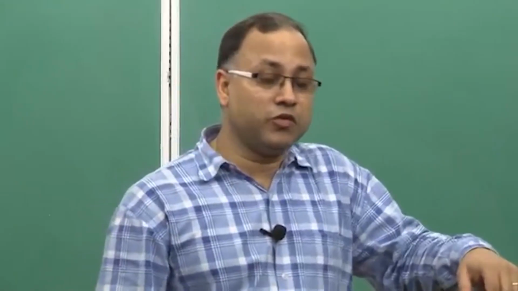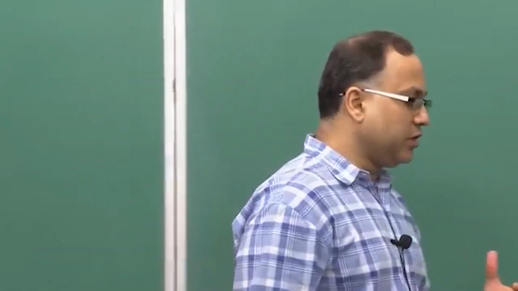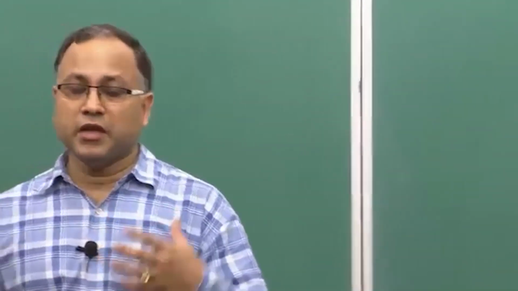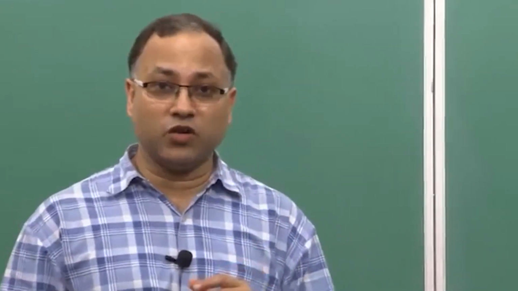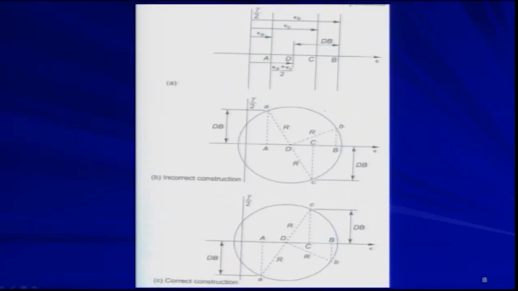Welcome back to the course Mechanics of Solids. So, in the last lecture we were talking about the measurement of strain, and we were discussing the construction of the Mohr circle for the 45° strain rosette. If you come back to this figure again, we have this construction of the Mohr circle by following the 45° strain rosette.